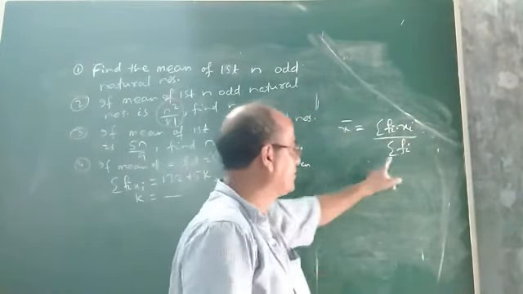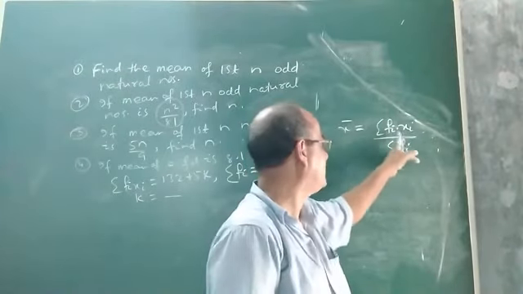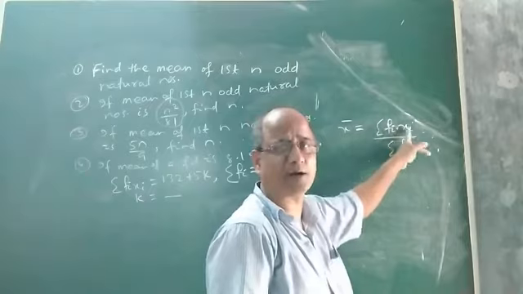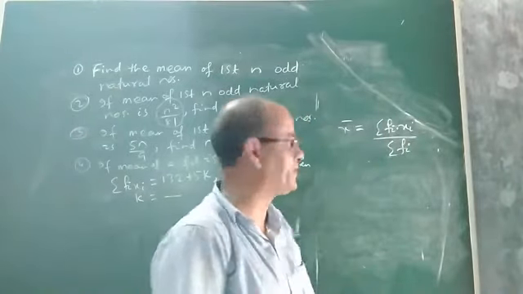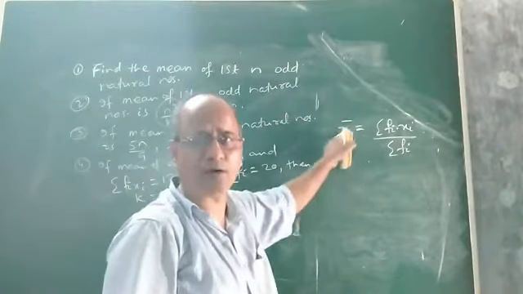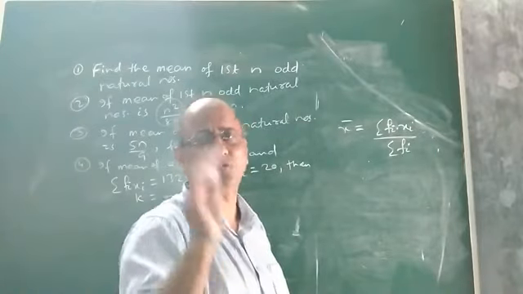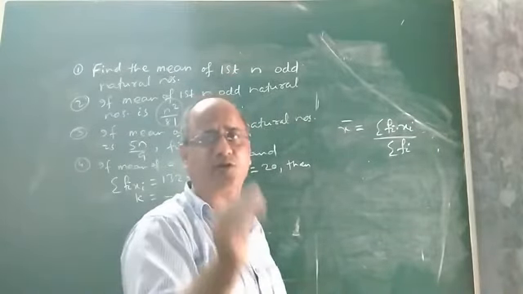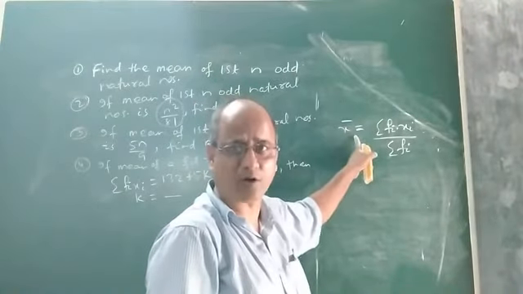Summation of fi means sum of frequencies, and this is the sum of the product of fi and xi. Fi is the frequency and xi is the score of the observation. This is the formula to calculate mean of a discrete as well as continuous frequency distribution using the direct method or the long method.